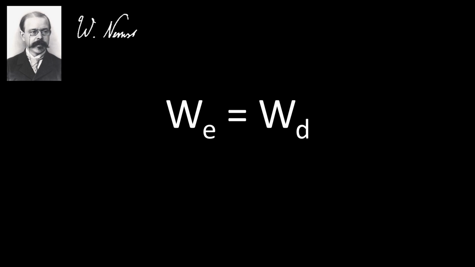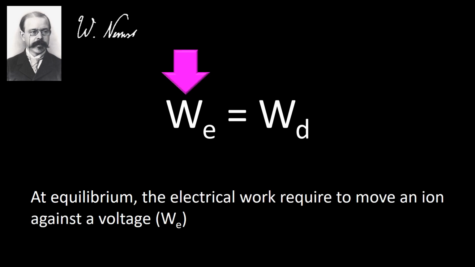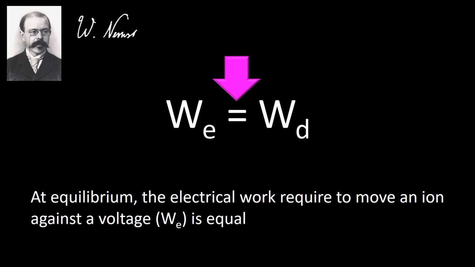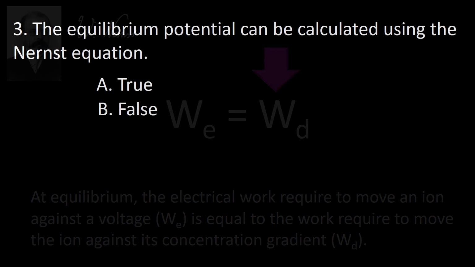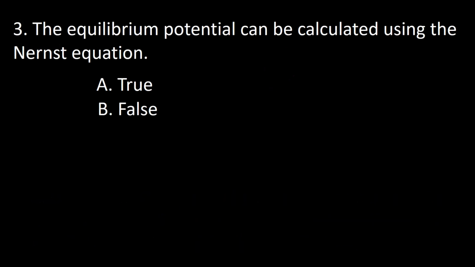This concept is expressed mathematically by this simple equation. At equilibrium, the electrical work required to move an ion against a voltage is equal to the diffusion work required for the ion to be moved against this concentration gradient. So the answer to this question is true.